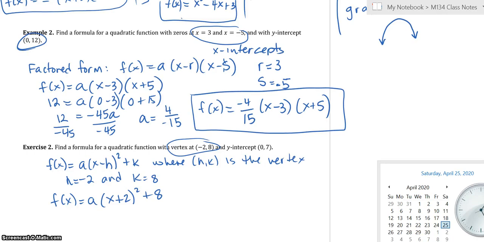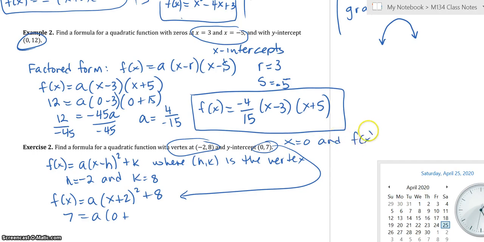And again, just like example 2, if you choose the point, this point, you can find the a. So if I can plug in a 7 for the y and a 0 for the x, because this tells me that the x is 0 and the f of x, which is the y, is 7, I can find my a.